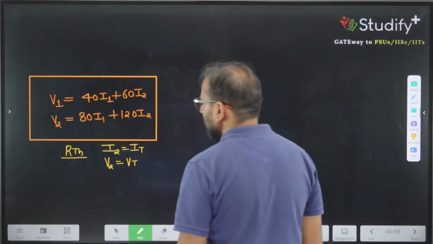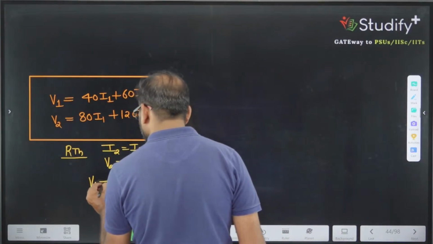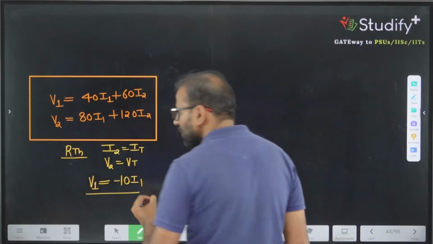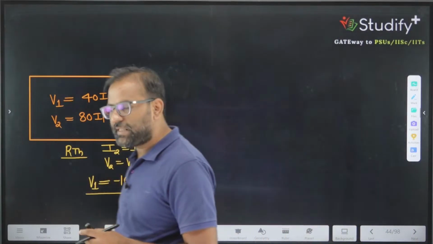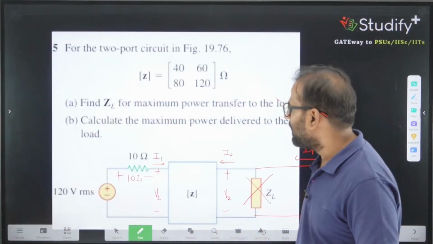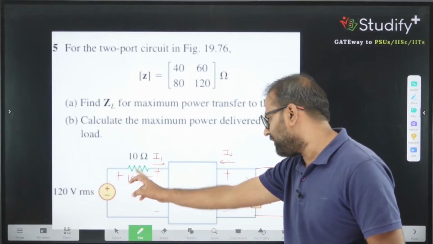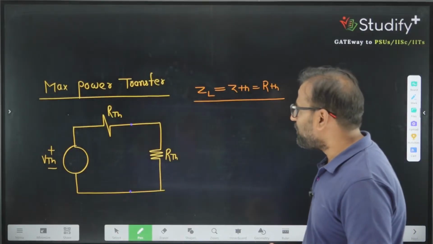We have one relationship for V1, and the value of V1 is minus 10 times I1. Whenever you are calculating the equivalent resistance, all independent sources inside the network must be 0. So this independent source must be 0. V1 is equivalent to minus 10 I1. So let's put this value here.